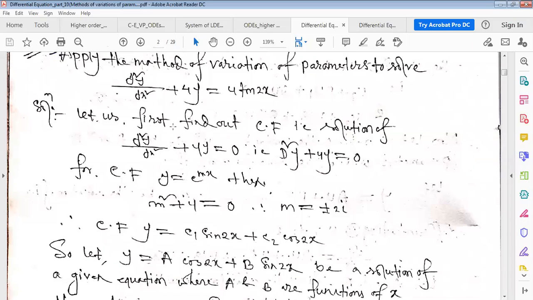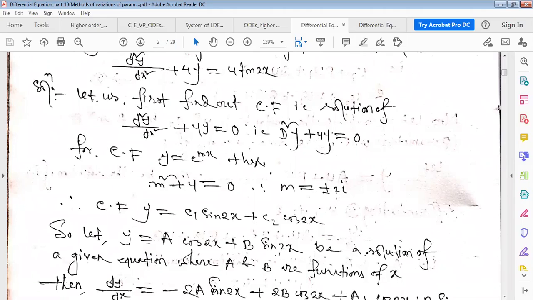Now if we try to solve this homogeneous linear differential equation by the constant coefficient method, taking y equals e to the power mx as the trial solution, we can write this differential equation as capital D squared y plus 4y equals 0, where capital D is d/dx. Now with the trial solution y equals e to the power mx, this can be written as m squared plus 4 equals 0. That means m equals plus minus 2i. That means we get two complex roots.